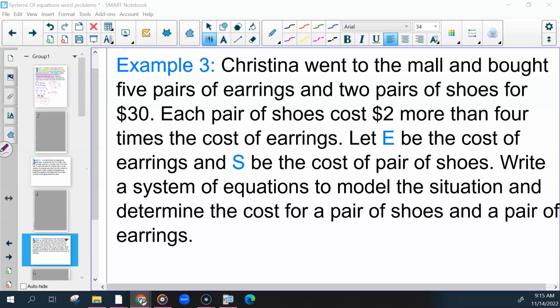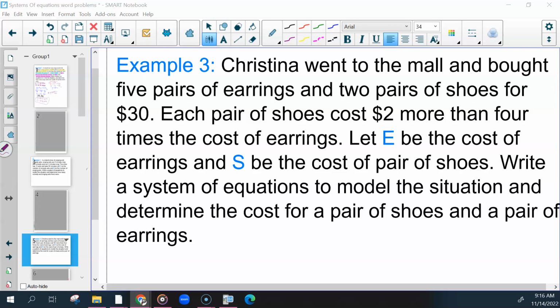What did we find that was important? What in this did you find was important? 5 pairs of earrings.